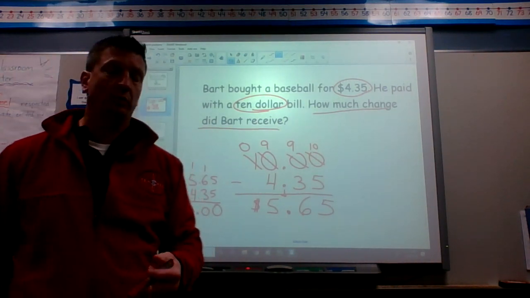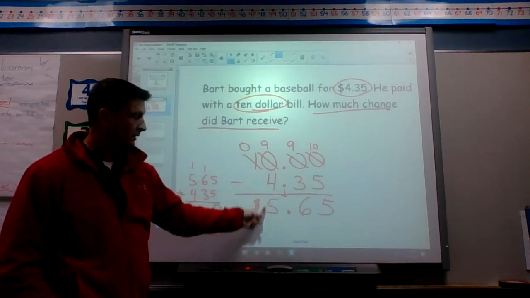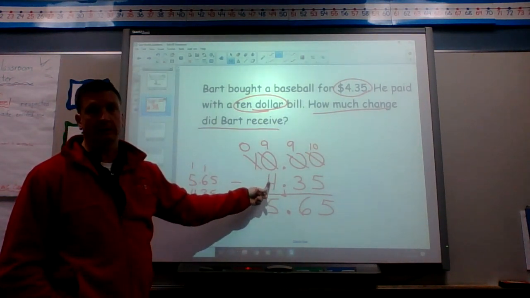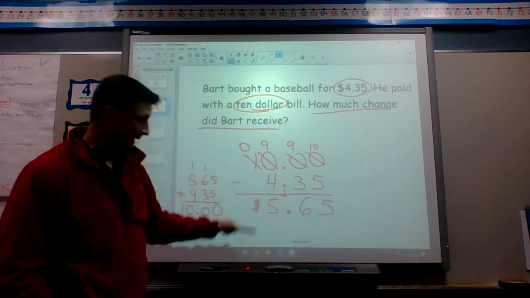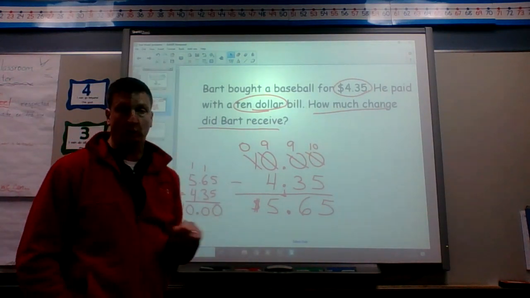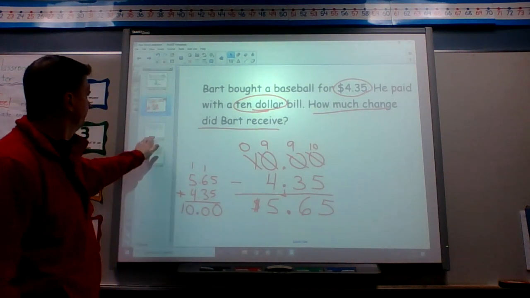So if we go through and add our change to the cost, we should be able to get back how much we paid. And if we do, then we know we must have the answer correct.